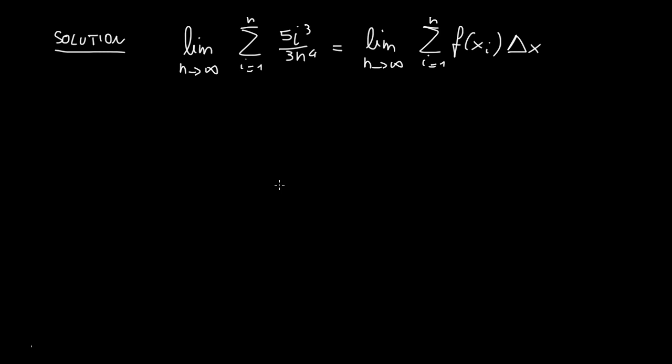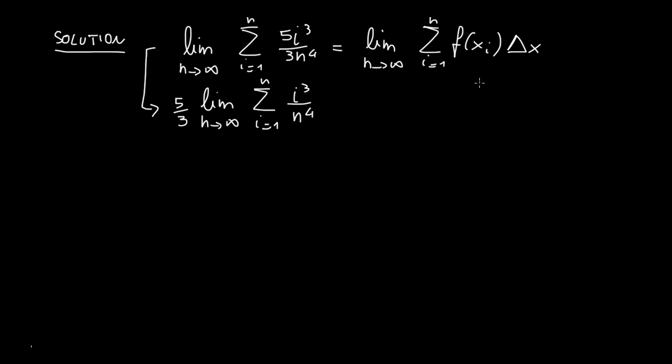Now, before we go any further, let's factor out that number 5 over 3. It doesn't really do anything. It's just a multiplicative factor. So to simplify our lives, let's take it out of the limit.